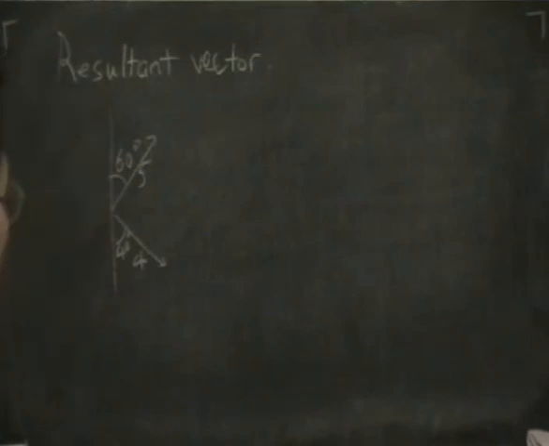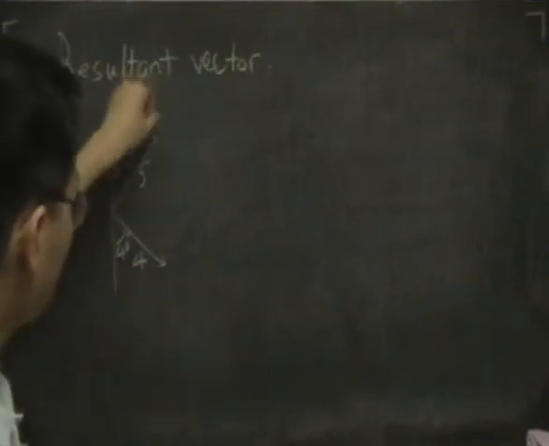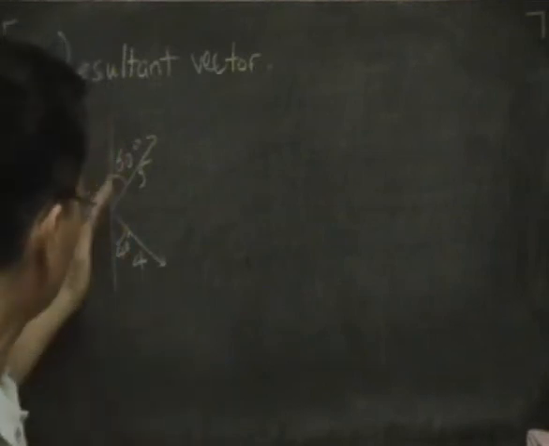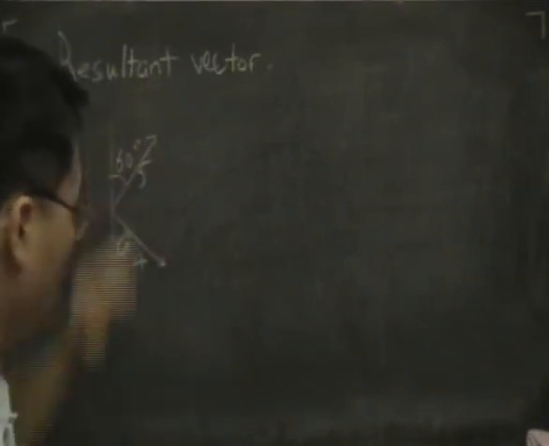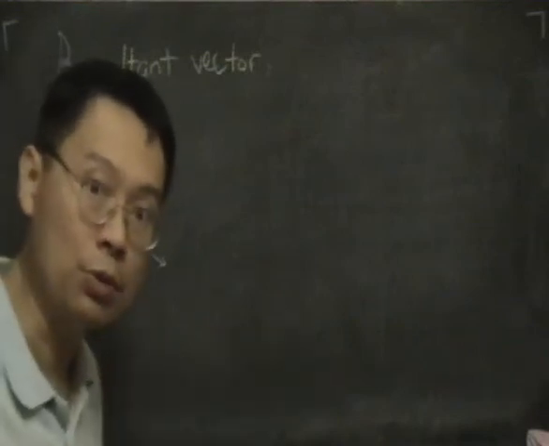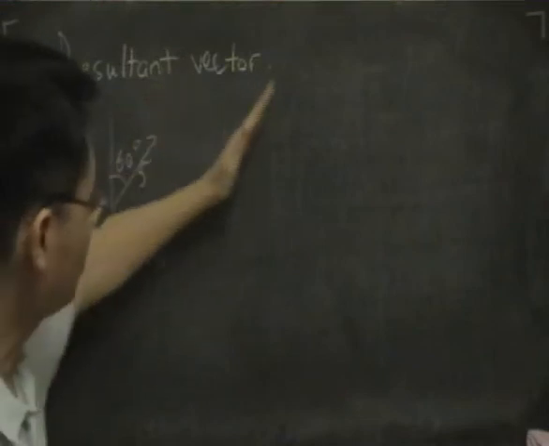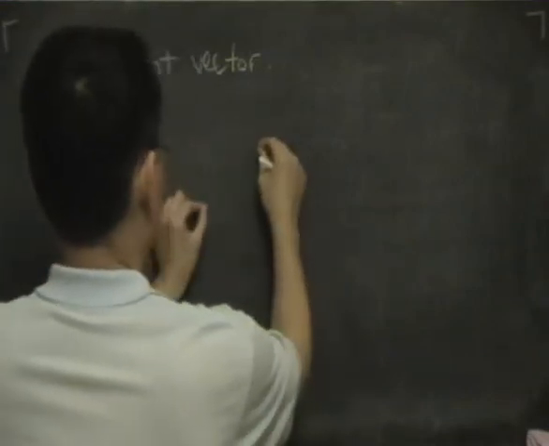So the way to add these two vectors would be to imagine that these are actual arrows pointing in different directions. So imagine that you actually have two arrows that you can move around. So you have this arrow there. Imagine that you can just move it around. So suppose that I take that out and put it down here.